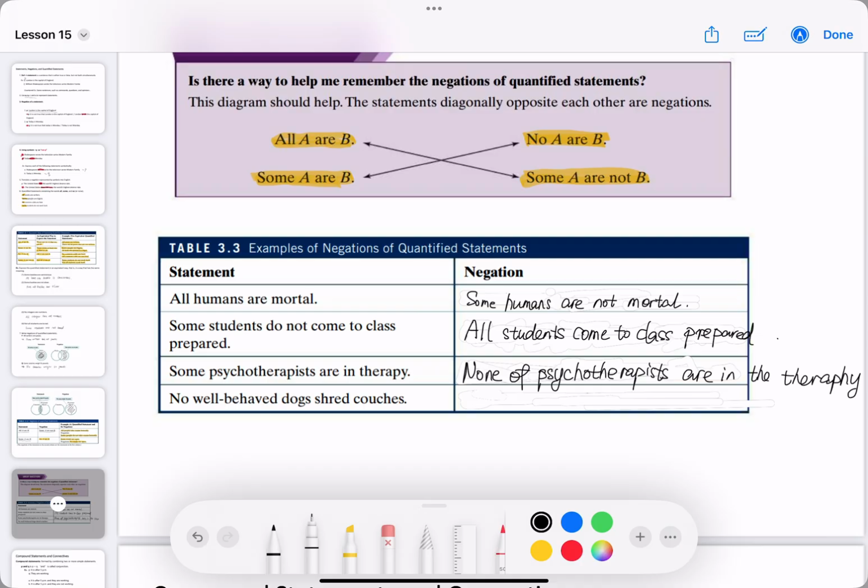Last one, no well-behaved dogs shred couches. The negation is some well-behaved dogs shred couches.